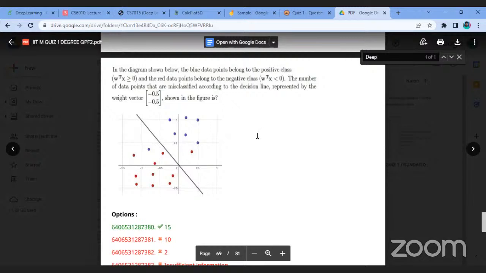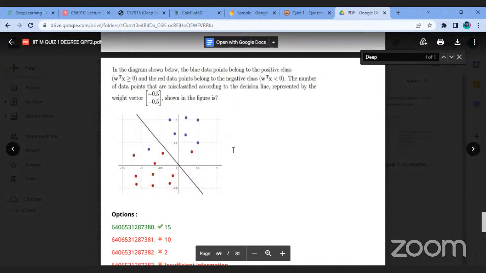In the similar way, if you come to this blue point, here even if it is negative, if this negative value is more than 0.5, say 0.75, and you multiply with 0.5, it comes around 0.35. That is positive, because minus and minus become plus. The other point comes as something like 0.4 or 0.3; if you multiply, it will be a small negative value, which means it's also positive.